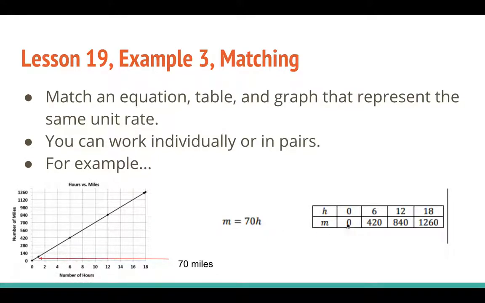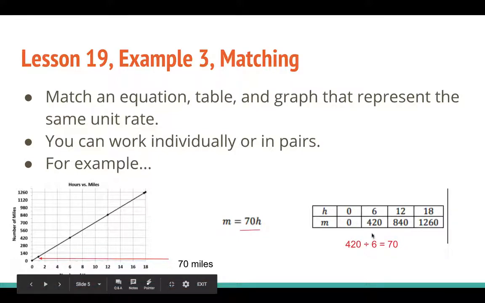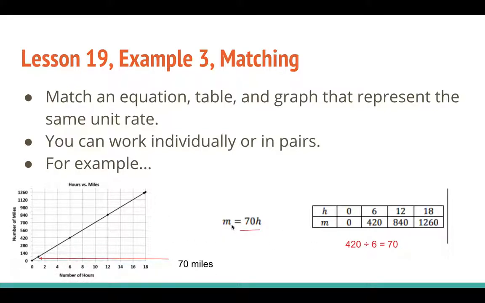And over here we have our table, and if we look at this very first one, if I divide 420 divided by 6, that will give me 70. So this graph, this equation, and this table are all equivalent or represent the same unit rate. So just go and work individually or in pairs to match these 3.